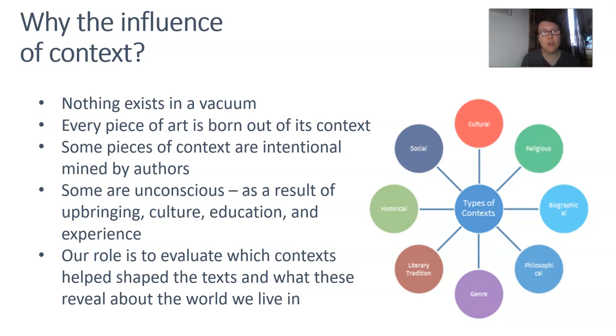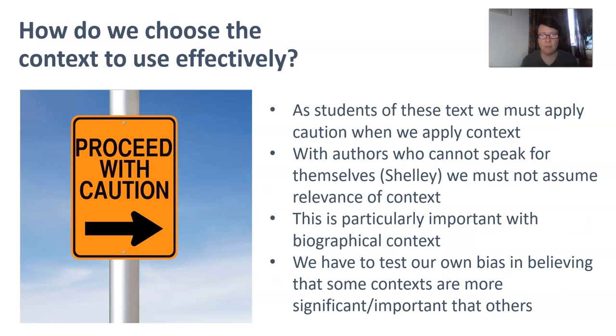And so we have to be critical and evaluative in how we discuss how contexts have shaped texts and what they reveal about the world that we live in. And that's why we want to keep quite a tight focus when we talk about context on the purpose, the writer's intention, the writer's purpose, because then it externalizes the influence of context rather than us making guesses about what's going on inside a writer's mind.